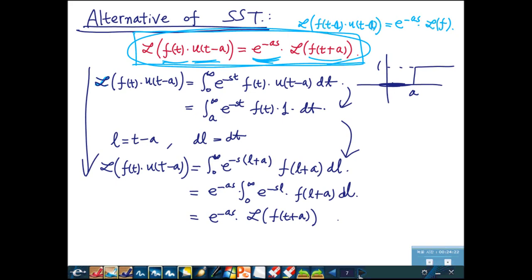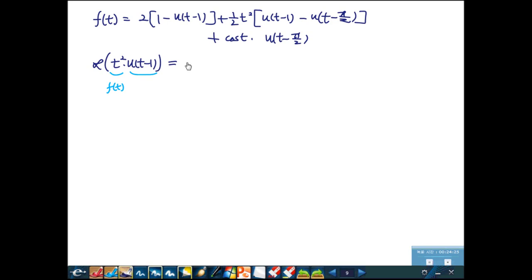That's what we do now. So e to the minus s, because a is 1, right? Times the Laplace transform of the original function t squared, where you have to make it t plus a, which is t plus 1 squared. And that's it. That's the alternative of the SST.